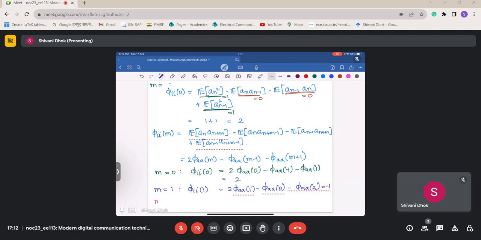Similarly, if m is equal to minus 1, then we have phi_II of minus 1, which comes out to be phi_aa of minus 1 minus phi_aa of minus 2 minus phi_aa of 0, and again this comes out to be minus 1. So this is what we have. Now if we substitute m other than these three values, the terms m minus 1 and m plus 1 will be non-zero for all other values, and for all other values of m this quantity will give me a value 0.